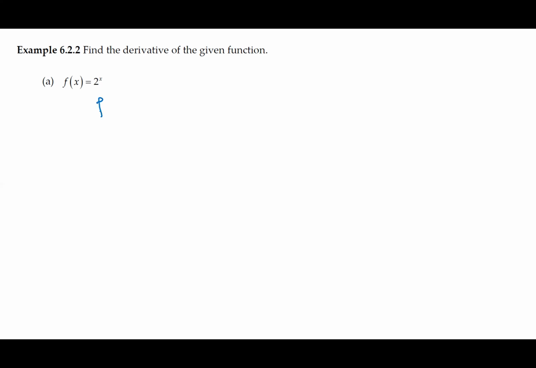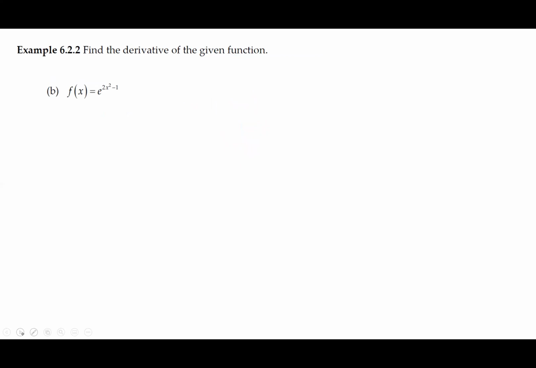At this point, all we know is this, okay? And so as unsatisfying as it may be, this is for later, okay? But it's a constant. That's what I want you to notice. It's a constant times 2 to the x.